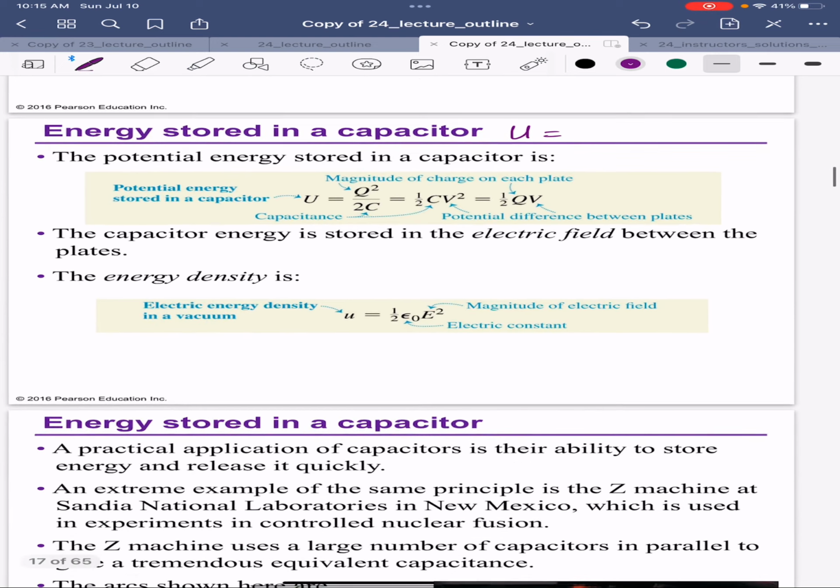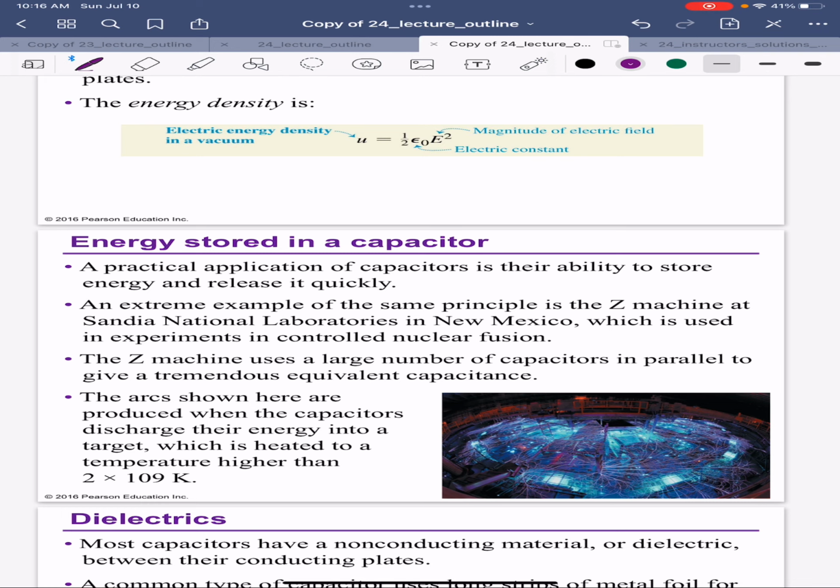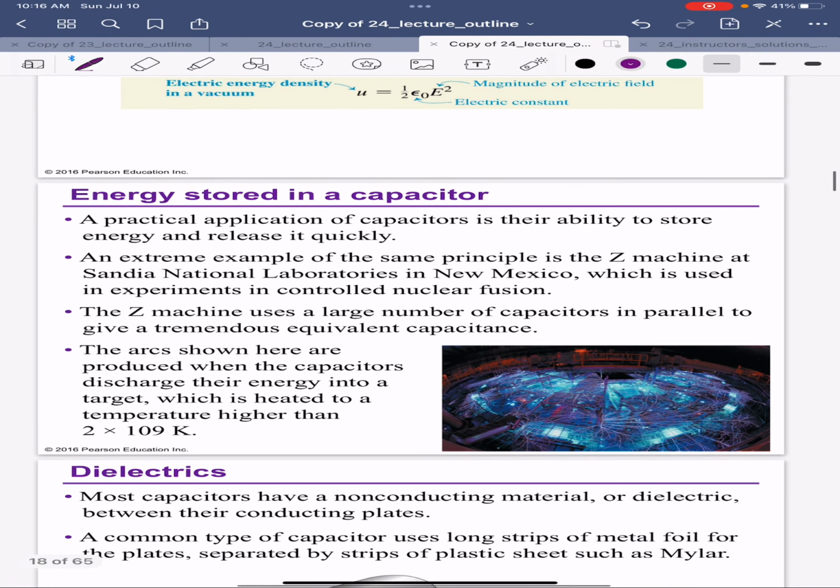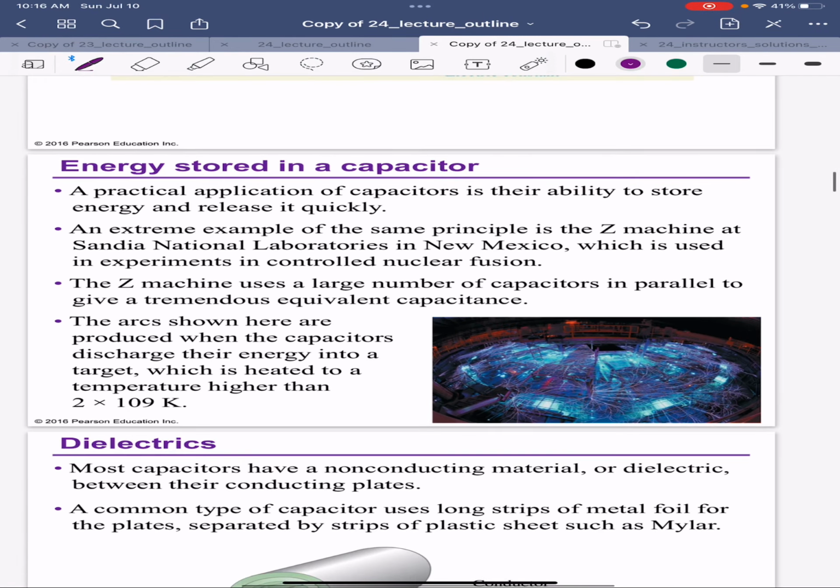The Z machine uses a large number of capacitors in parallel to give tremendous equivalent capacitance. And the arcs shown here are produced when the capacitors discharge, so that they will give their energy into a target which is heated to a temperature that is higher than 2×10⁹ Kelvin.